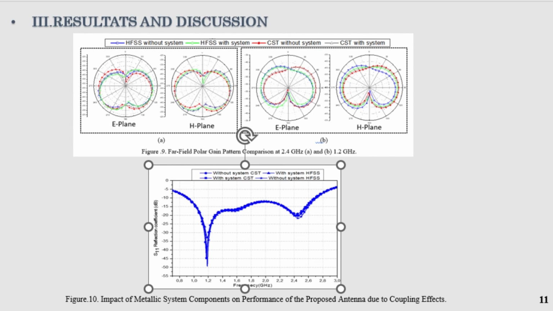You can say that the antenna performance is not affected by the system or by coupling effects.